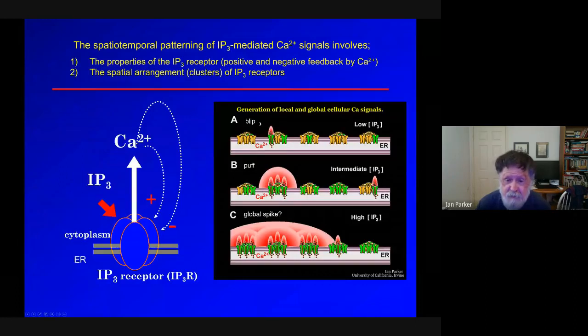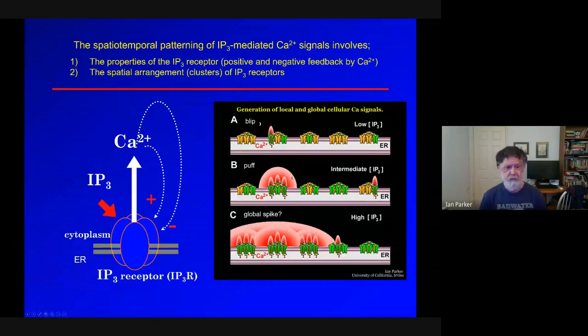So our picture is that IP3 receptors are grouped in clusters along the ER membrane. One channel may open, give a tiny calcium signal we call a blip, but that release of a little bit of calcium from this channel could trigger openings of adjacent channels. So a puff results from concerted opening of a handful of clustered IP3 receptor channels.